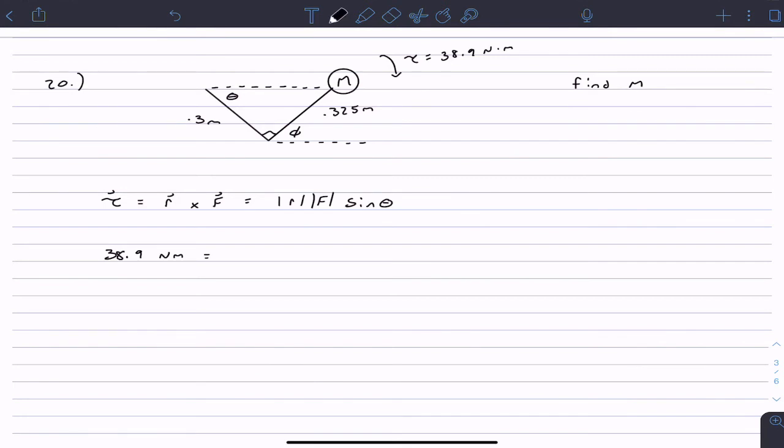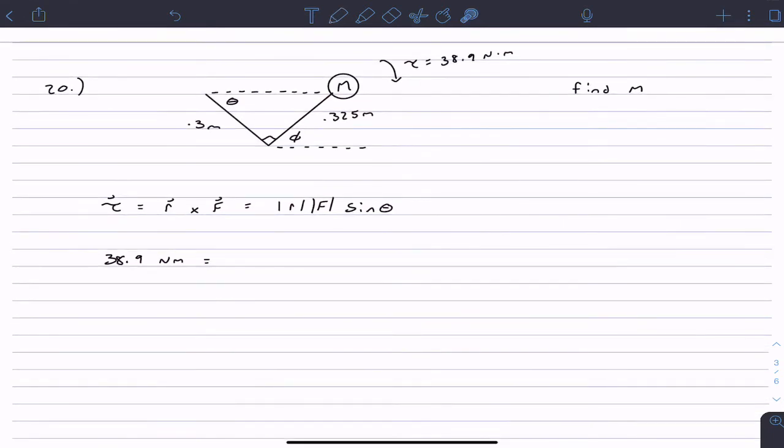We're trying to figure out the mass of the dumbbell using the torque around the elbow. So this is our hinge point right here. This is going to be your position vector from, we'll call this our origin, and this is our position, which is going to be 0.325 meters. And then our force with which this position vector is crossed is the weight force of the dumbbell going down.